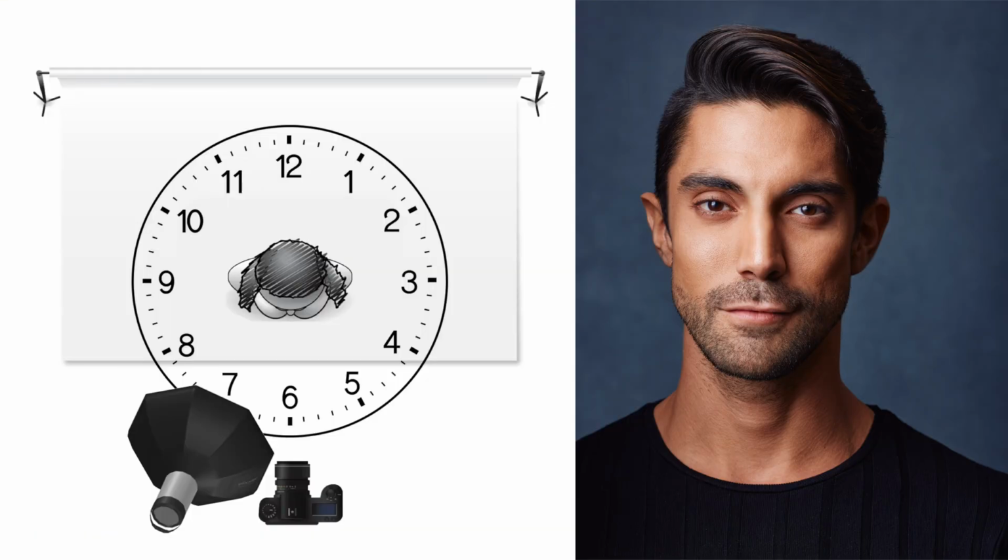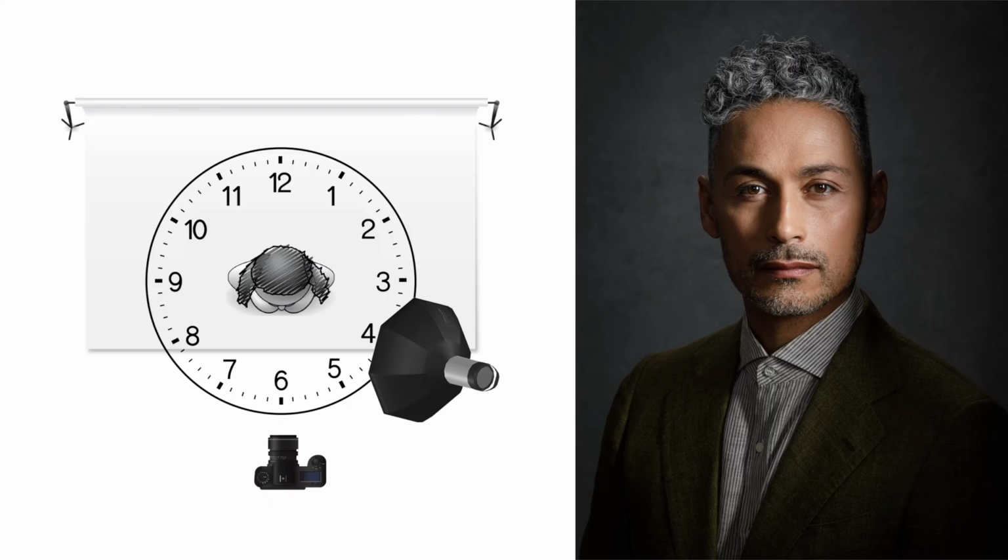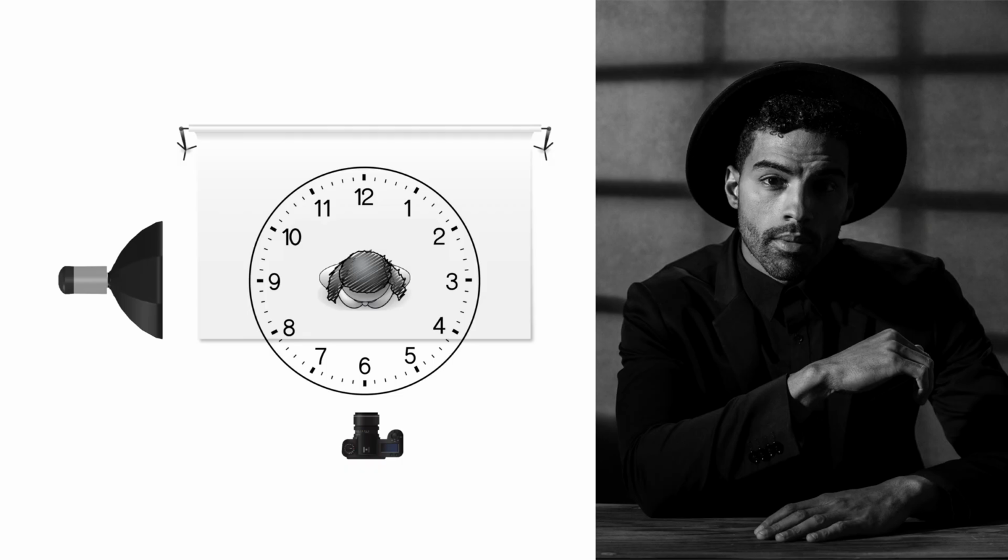But we might move it slightly off and it would be creating a lighting pattern called loop lighting. That's what's happening right now. Or we might move it over further and it could be creating Rembrandt lighting on my face. Or we could move it even further and it could be creating split lighting, because that's the type of lighting pattern that we want to go for, because we want it to be super moody.